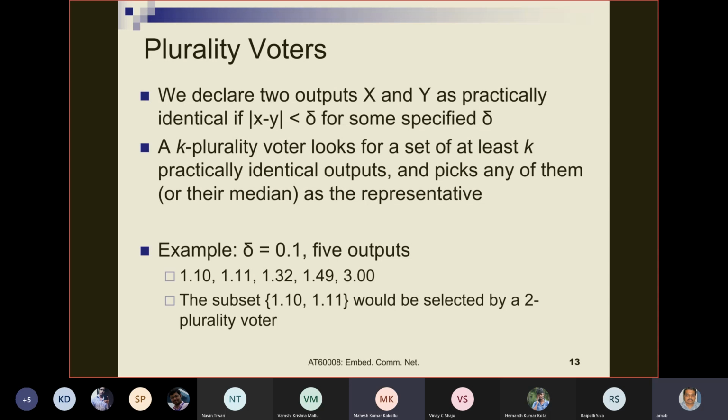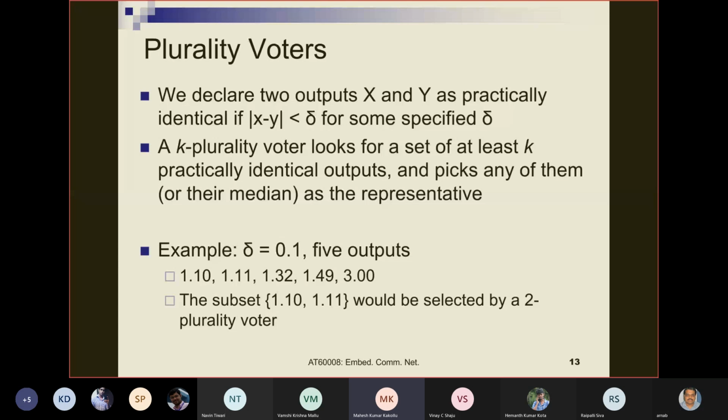Sir, 1.3 and 1.4 also? With del 0.1. So how 1.3 and 1.4, 1.32 and 1.49? What is 1.32 minus 1.49, in mod? It is 0.17, which is greater than 0.1, right?